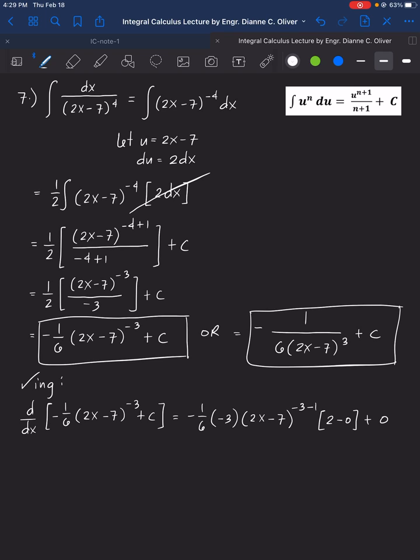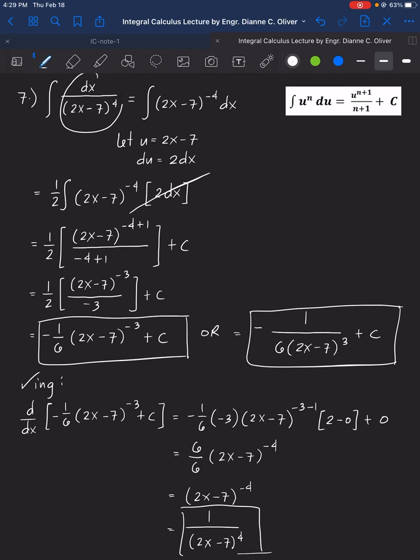So that is equal to 6 over 6 times (2x - 7) raised to negative 4 + 0. That is equal to (2x - 7) raised to negative 4, or that is equal to 1 over (2x - 7) raised to 4. Okay, so as you can see, we were able to arrive at the original equation.